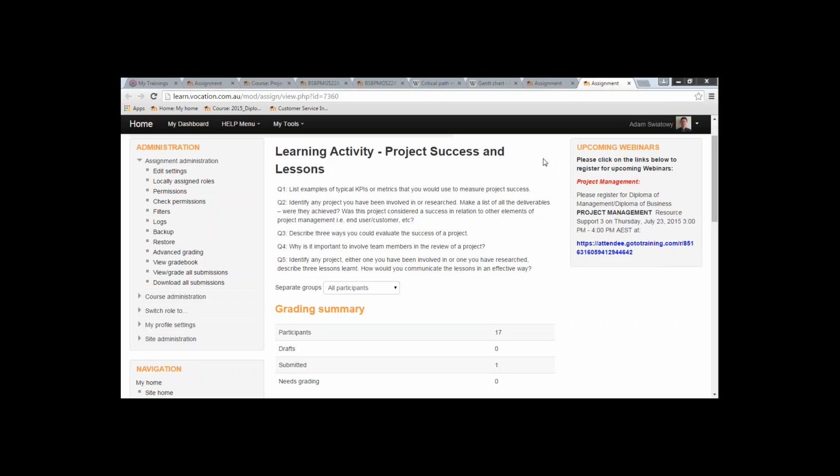And I guess the real importance of involving somebody in the review of a project is to gather information that you can use to make things happen a bit better for next time. So by reviewing a project, we can actually talk about, firstly, the things that we did really well, and also the things that we could do a little bit better.